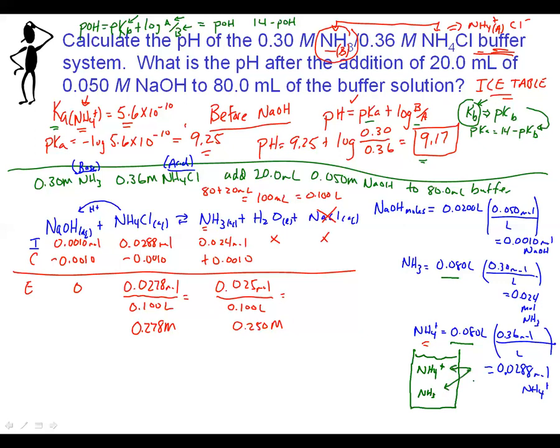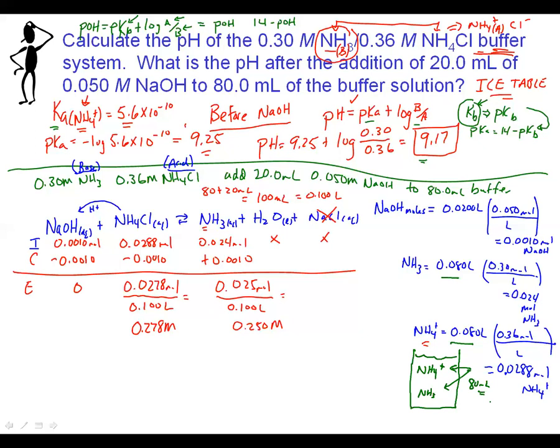And again, this overall beaker was, say, 80 milliliters in this example. So that volume works for both components of our buffer because they're basically swimming around in the same solution, the same beaker.